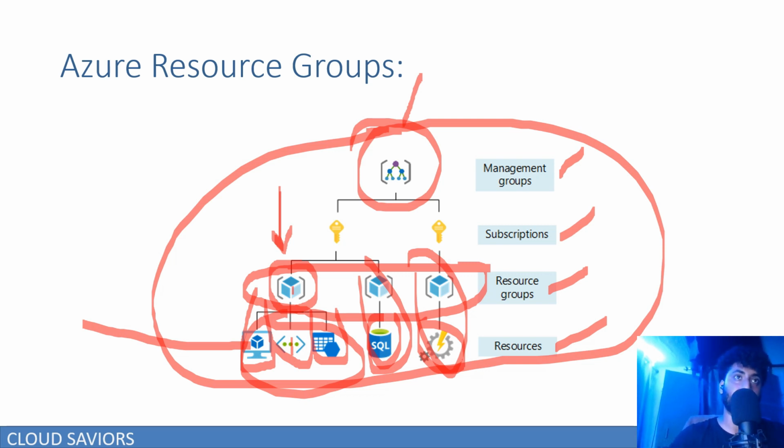They cannot access, they cannot read, they cannot see the resources other teams are creating. This is the best way you can utilize resource groups. Of course, you can define these restrictions by using role-based access control, or IAM. Okay, so we discussed management group, subscription, resource group, and resources.